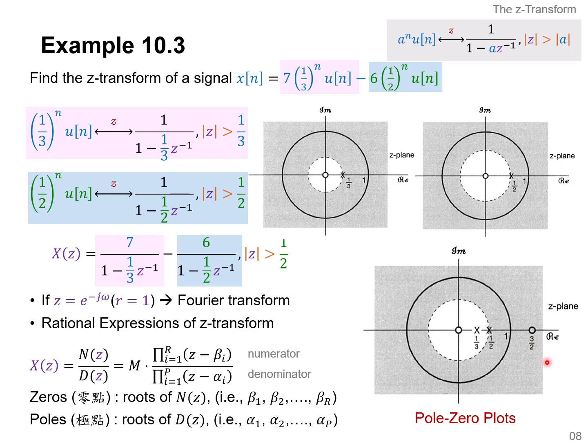If z is on the unit circle, we get the Fourier transform. In this example, the Fourier transform exists because the region of convergence includes the unit circle. The unit circle lies inside the valid region. So the DTFT is well defined for this signal.